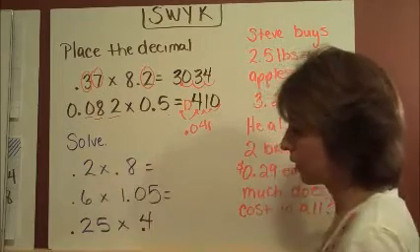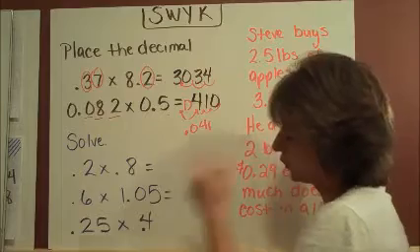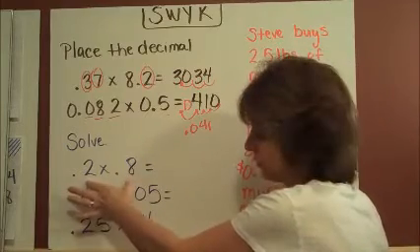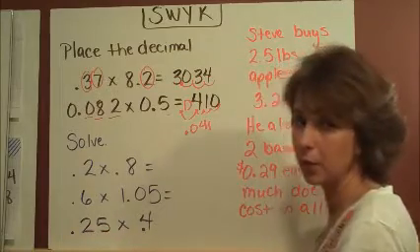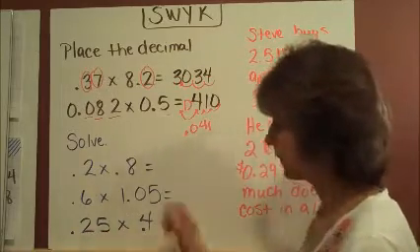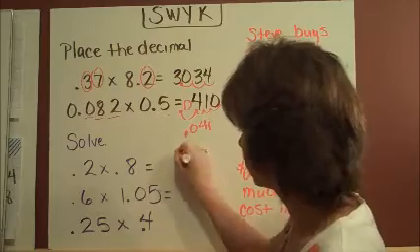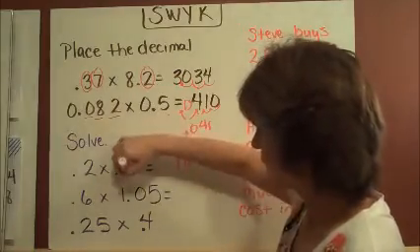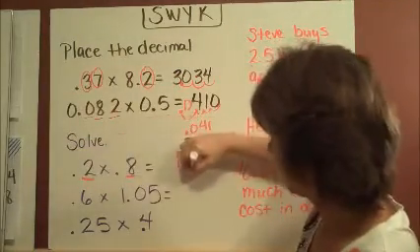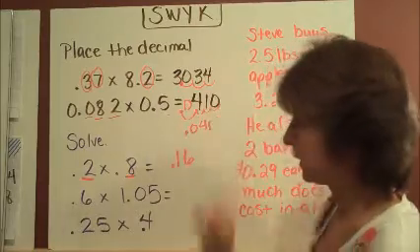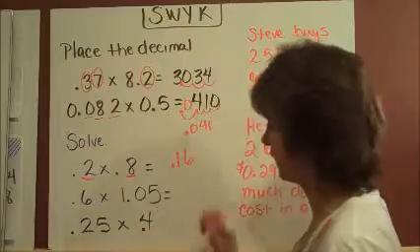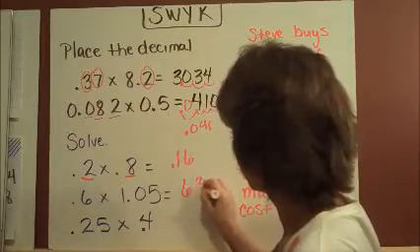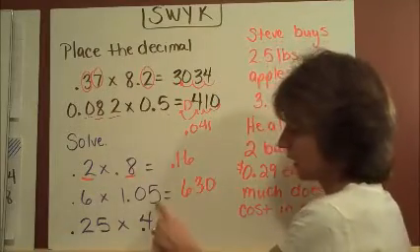These say solve. So, multiply means multiply as normal, 2 times 8, 6 times 105, and 25 times 4, and then move your decimal. So, 2 times 8 is 16. 1, 2, 16 hundredths. 6 times 105 is 630.